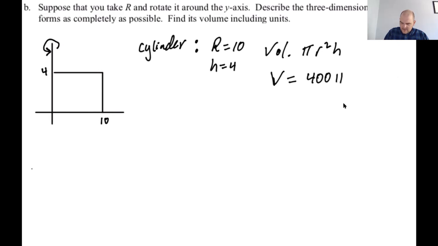I think in this video I might end up using the calculator a couple times without showing you. What are the units on volume? The radius is in units, the height is in units, so you do radius, radius, height, so units cubed. And I'm just gonna write u cubed. So that's it. Now, I don't think I've described this as completely as I possibly could.